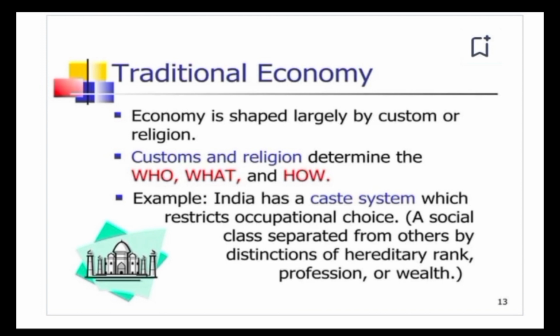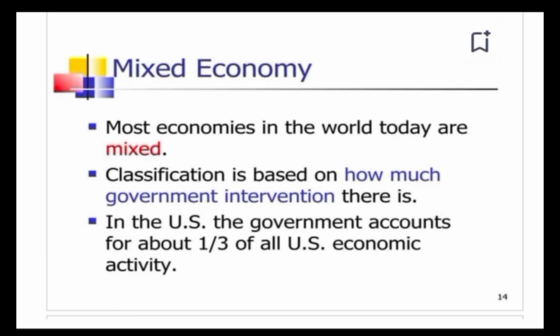For example, India has a caste system which restricts occupational choice, a social class separated from others by distinctions of hereditary rank, profession, and wealth. Of course, the caste system really works in India. It works also in many other countries. Such as you can see in Gulf countries, religion has a major role in production and consumption. Just like that, the caste system has a major role in India.